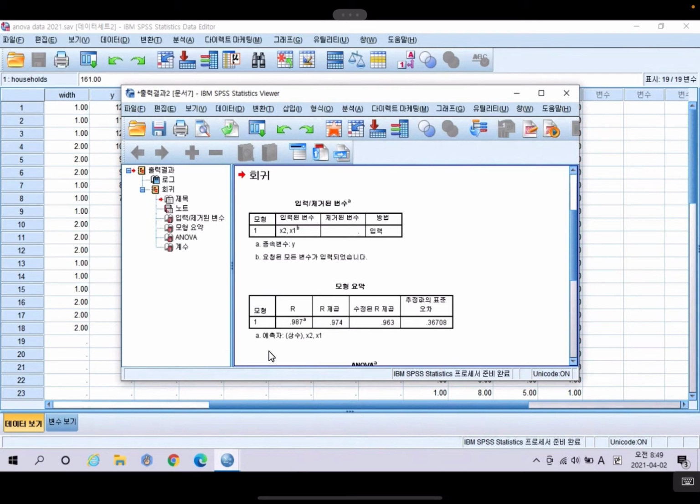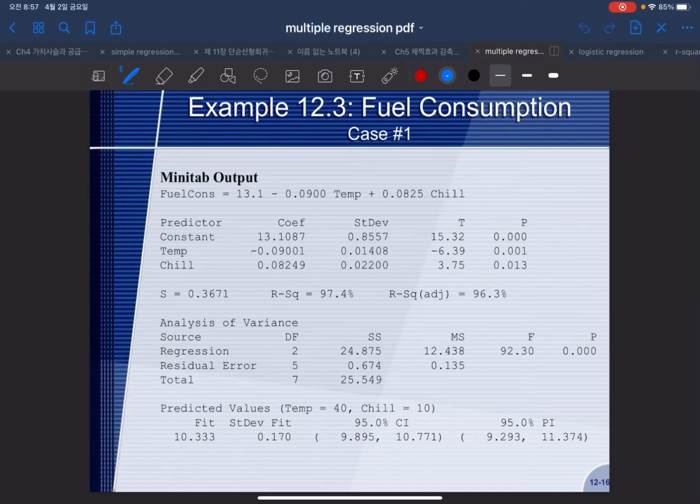Okay, let's go back to PowerPoints and then let's try to interpret the results, right? So we are back to our PowerPoints. These are the computer output. This output is slightly different from what we saw in SPSS, right? This one comes from Minitab, right?